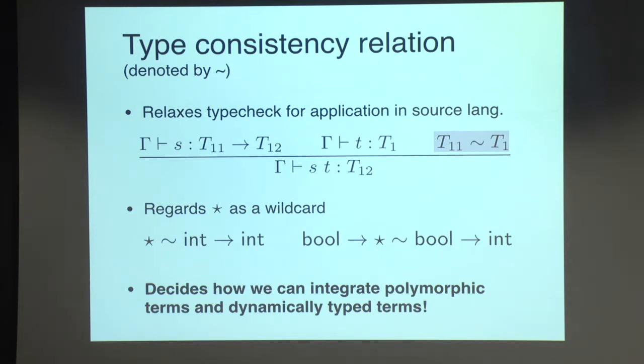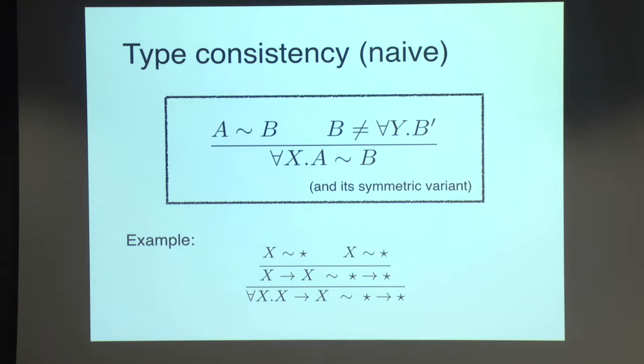The relation is obtained from type equality by regarding star as a wildcard. And in polymorphic gradual typing, it decides how we can integrate polymorphic terms and dynamically typed terms. So the main part of designing polymorphic gradual typing is the design of type consistency. Okay, so let's look at the naive type consistency for polymorphic types.